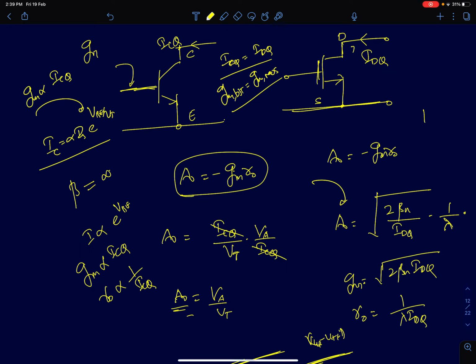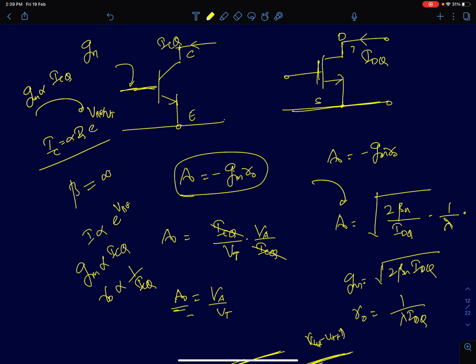The slope of the exponential graph is always going to be larger than that of a simple polynomial expression. So we can argue that, to a good extent, the transconductance of a BJT will be higher than the transconductance of a MOS device for the same currents.